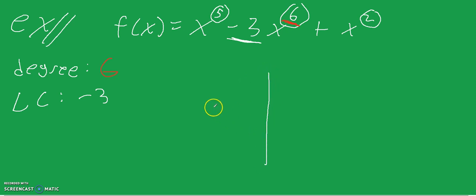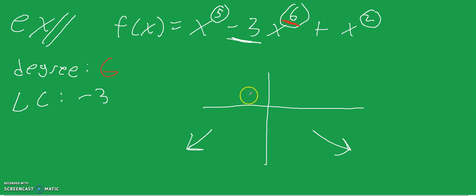What that means is that my end behavior will look something like this. Later on, when we talk about how to graph a polynomial like this, I would usually start with the end behavior, and I know it ends like this, and then I would put in some stuff in the middle and then end like that on the other side. But for right now, we're just looking at the end behavior, and I know it's going to end like this.